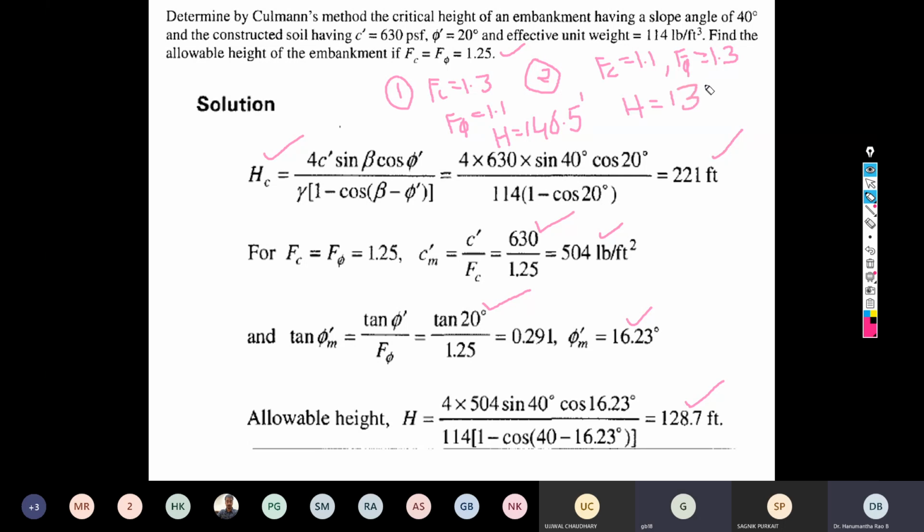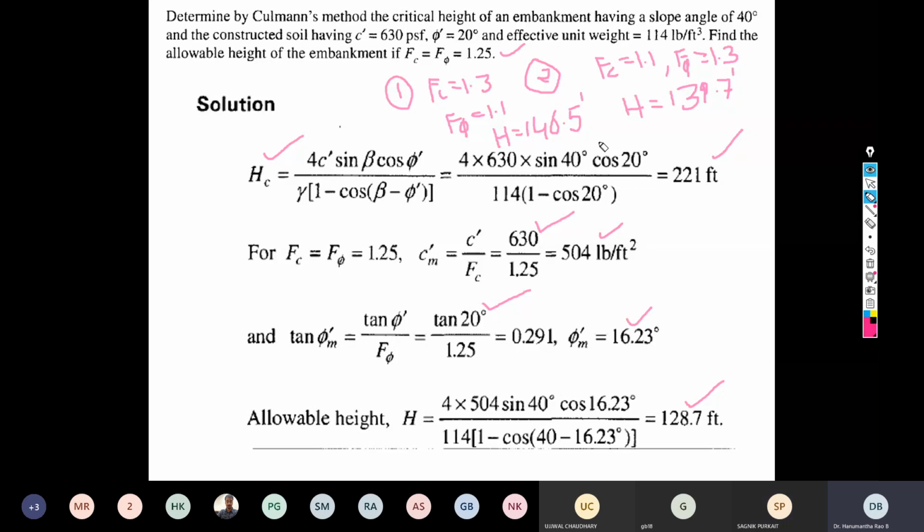Okay, so 139.7. Very good. Others, just try to verify this one. Yes, sir, same for me. Very good.